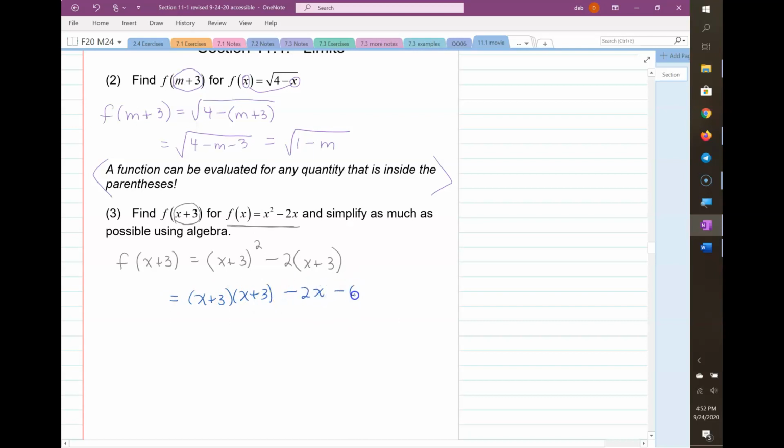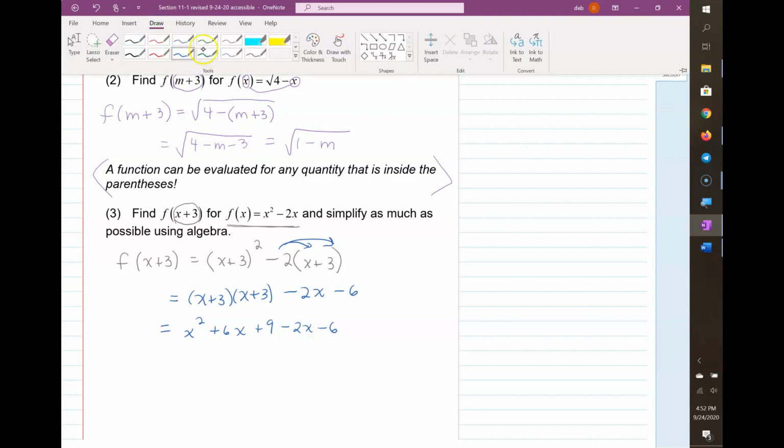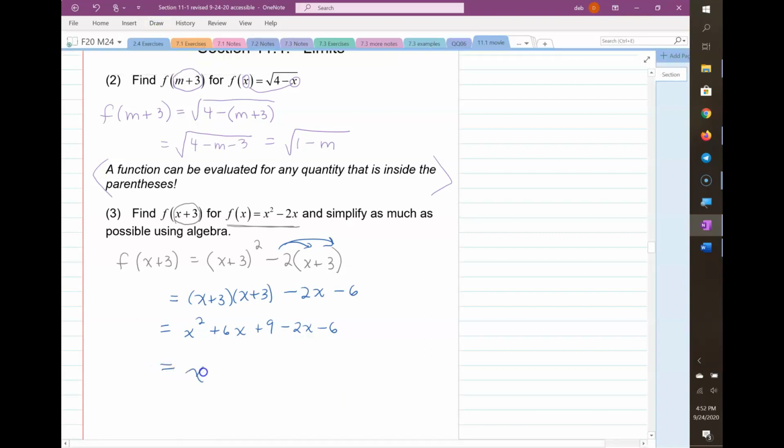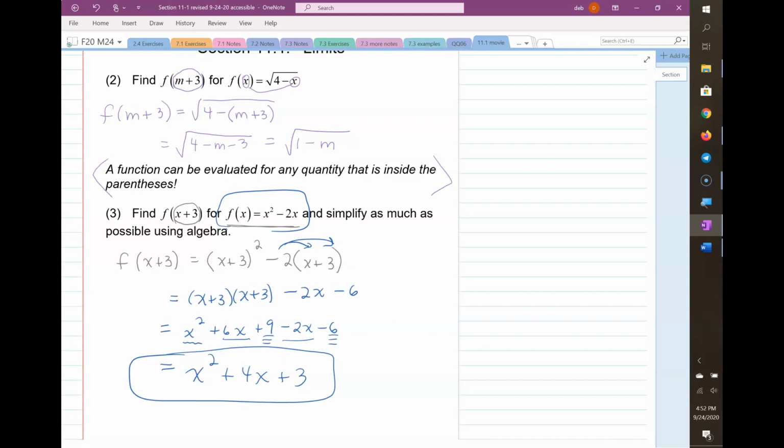Then I have minus 2x minus 6 as I distribute. So then I'll have x squared plus 6x plus 9 minus 2x minus 6. So I'm going to collect my like terms. I don't have any other x squareds, but I have 6x minus 2x, so that's going to be plus 4x. And then 9 minus 6, so that's going to be 3. So when I evaluate this given function for x plus 3, I get x squared plus 4x plus 3.